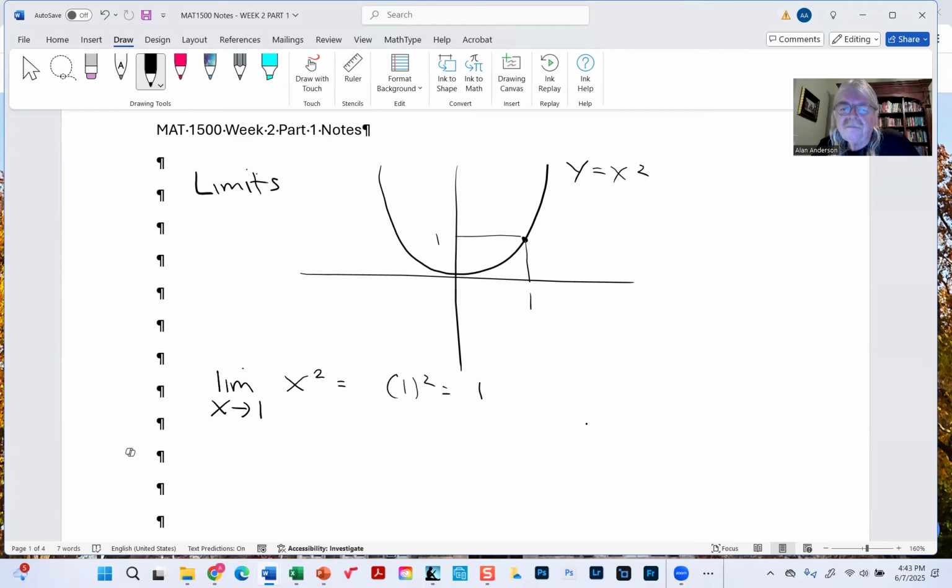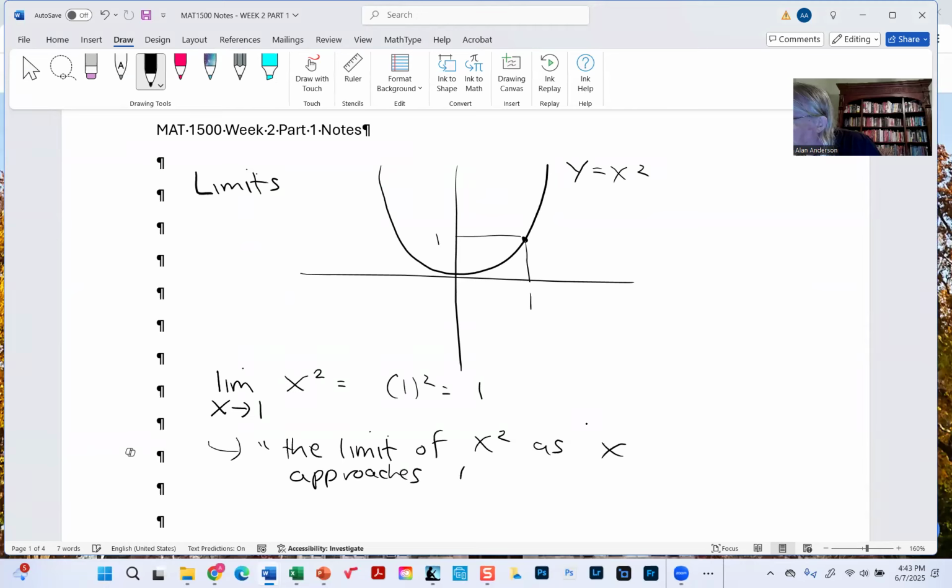As far as the notation here, this is pronounced in English, the limit of x squared as x approaches 1. By the way, I do want to point out here that x can approach 1 from two different directions. If x is increasing, x is approaching 1 from the left, it's called.